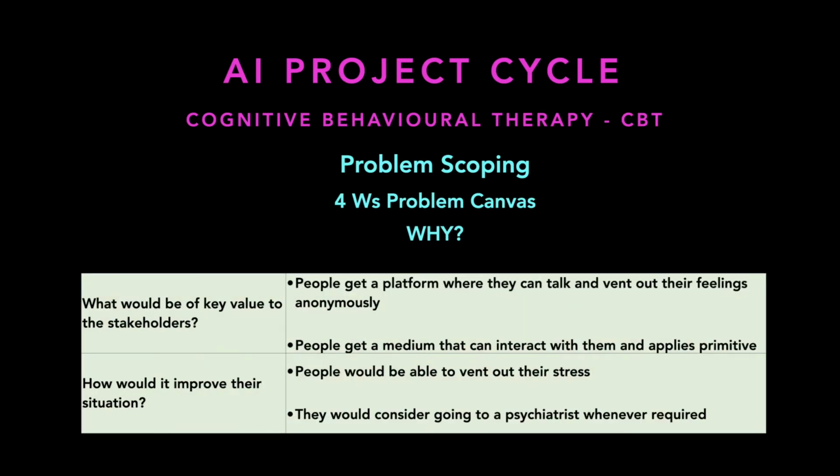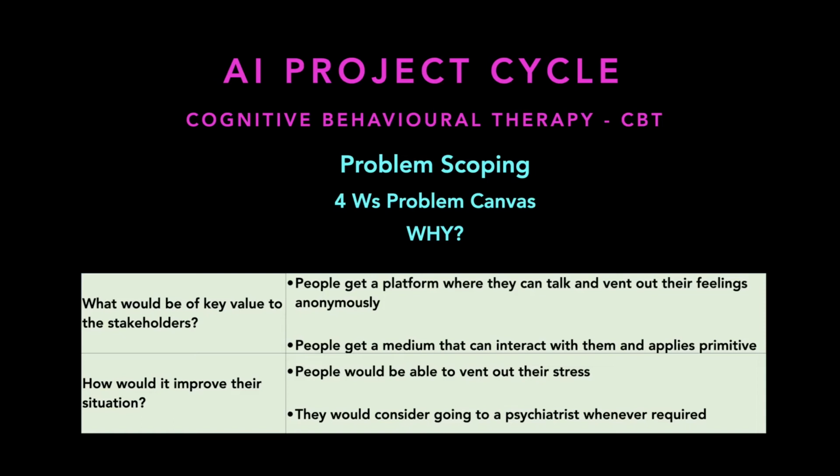As you must have already read this 4W canvas, the last W is why. People get a platform where they can talk and vent out their feelings anonymously, right? So what we are trying to do here is provide some kind of channel, some kind of platform to the people where they can talk and vent out their feelings and no one knows who is talking. So it is done anonymously.